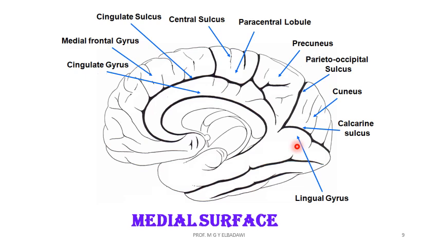That is the sulci and gyri on the medial surface.